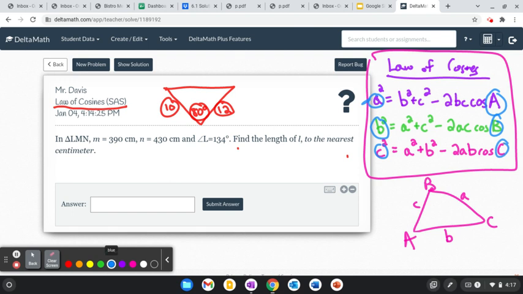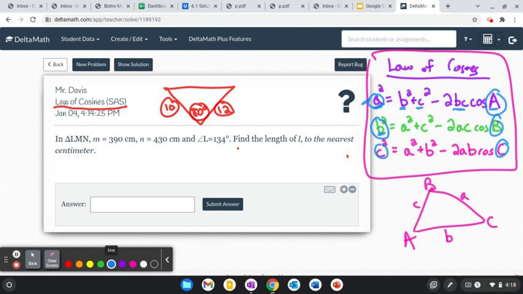The little a squared is equal to the other two sides squared and added together minus 2 times the other two sides times the cosine of the big letter, which we're trying to find there. And this pattern continues. For the second one, we've got little b squared, so then we're going to be squaring and adding the other two sides, minus 2 times the other two sides times the cosine of the big B.